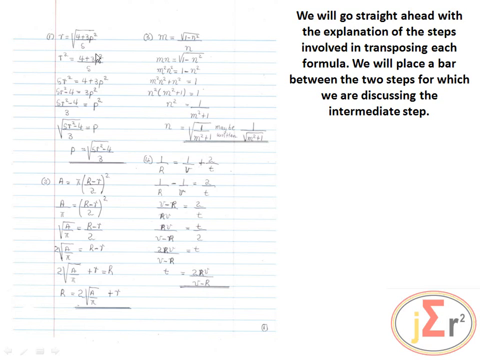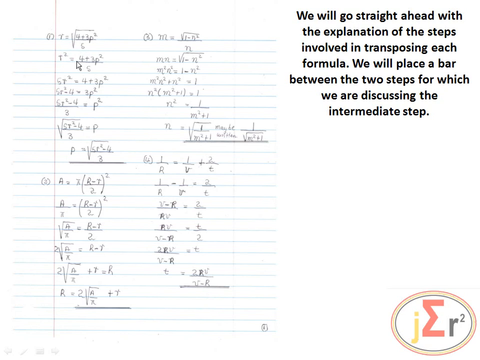For example, if we are showing the process, or a likely process that we may go through, in order to get from this expression to this one, then we will have a red bar showing that we are actually going from here to here.